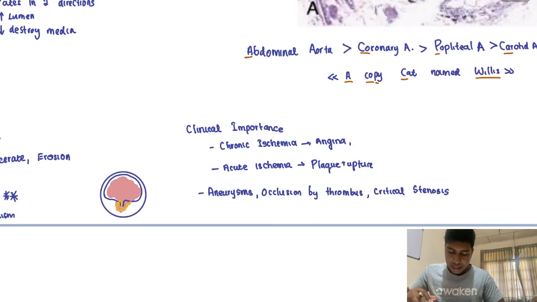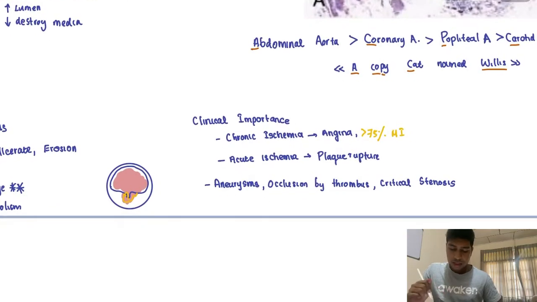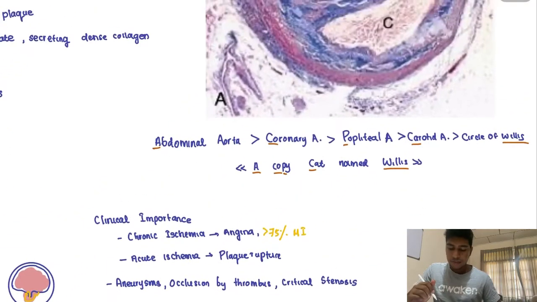This has clinical importance because over time, when there's occlusion, there's going to be chronic ischemia. Blood oxygen level is going to be low, and that can give rise to conditions like angina. It can eventually lead to, if the occlusion is greater than 75%, a myocardial infarction, heart attack, stroke, etc. Next, you have acute ischemia.